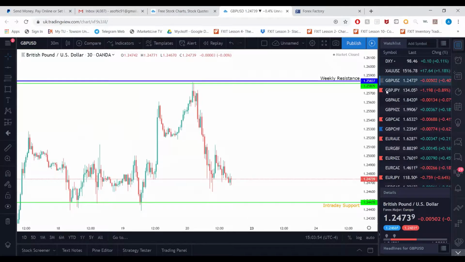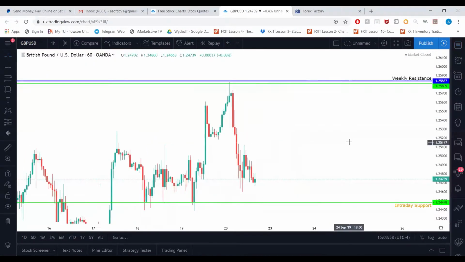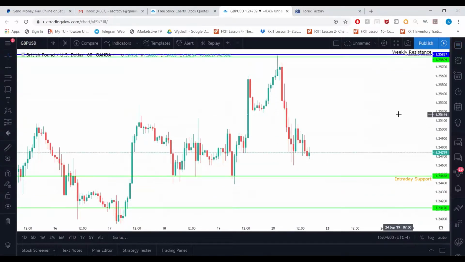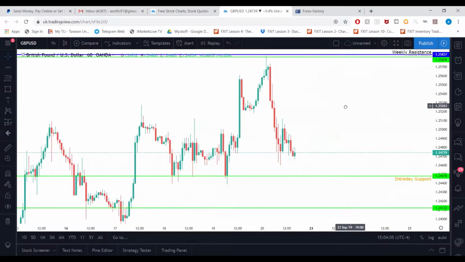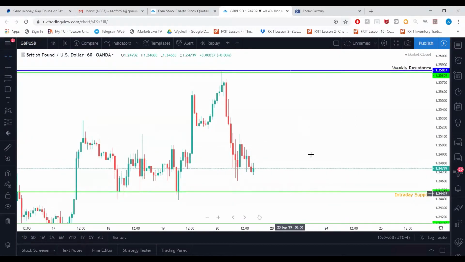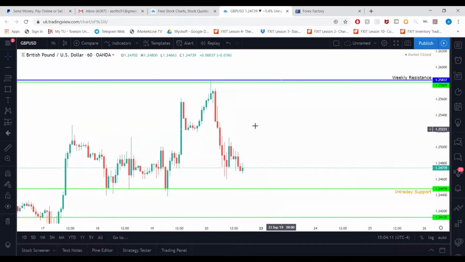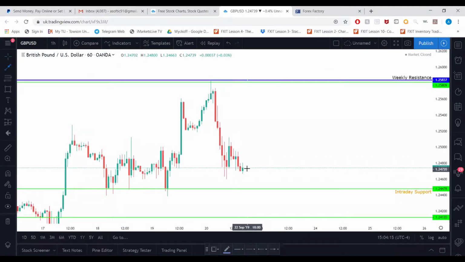So let's conclude for GU. As we see, GU obviously rejected this resistance strongly. Now it's on its way back down, and I'm pretty sure it will reach this support without a doubt.